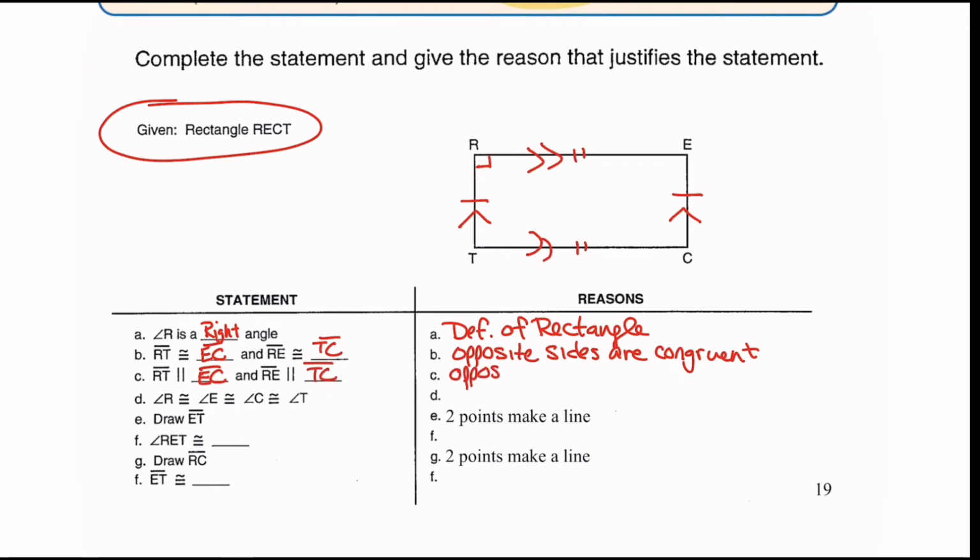Opposite sides are parallel. All 4 angles are congruent. So one could also say, definition of rectangle.